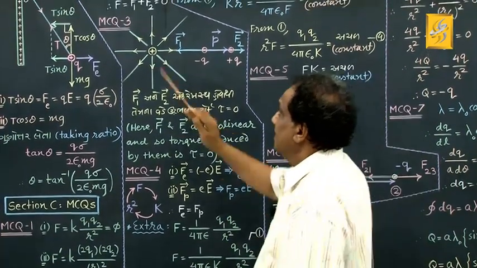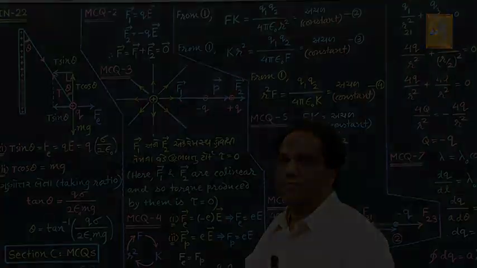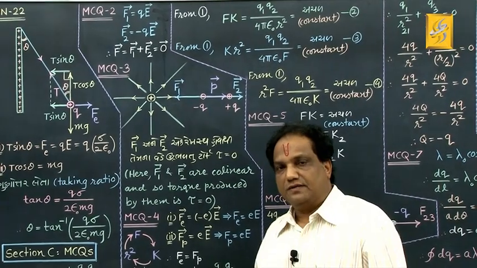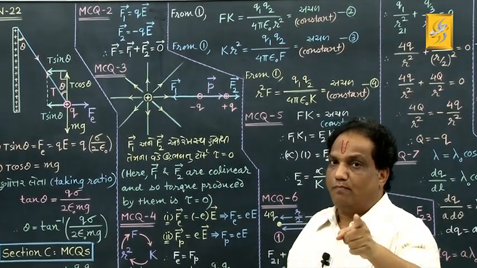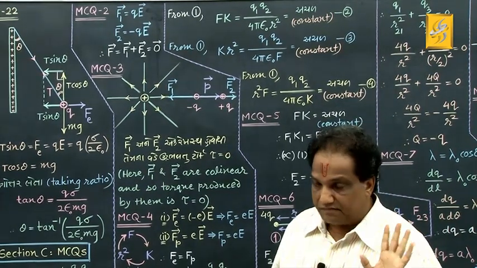Now, kindly read the statement for MCQ number 2. They are talking about placing an electric dipole in a uniform electric field.